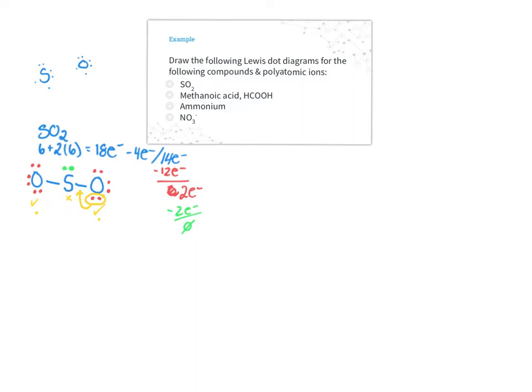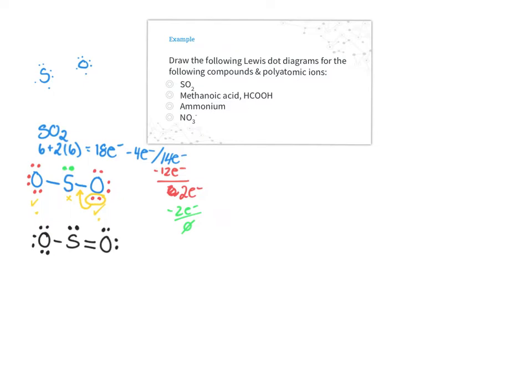So I will redraw this for us as oxygen. This oxygen still has 3 sets of lone pairs bonded to a sulfur. This now has 2 bonds, one from its original, and the second one is from that lone pair moving inwards, bonded to an oxygen. Oxygen now only has 2 lone pairs left.